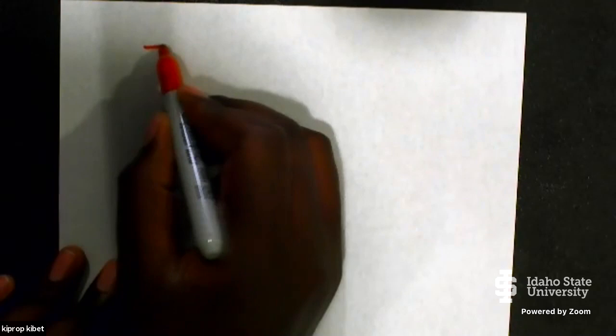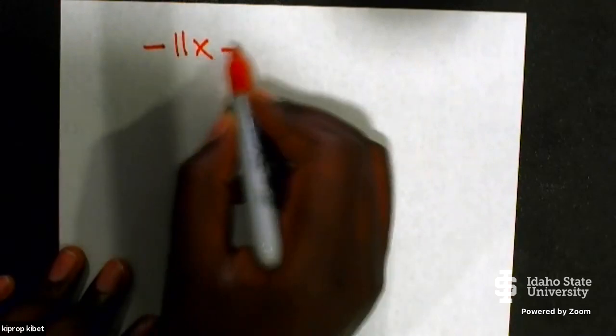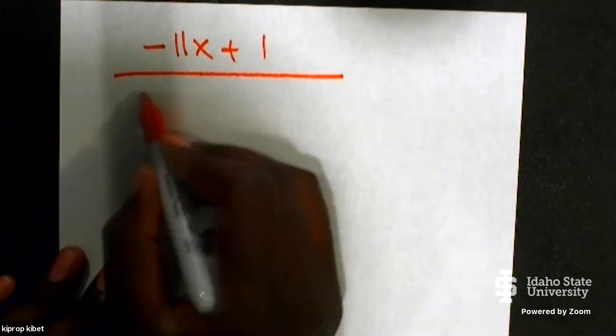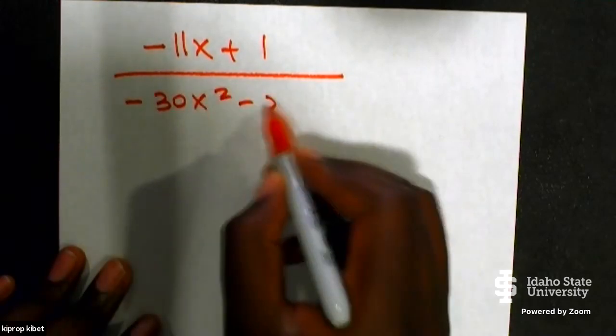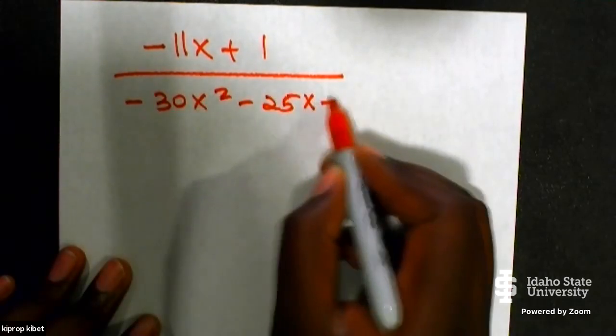So I have another example here. So you have minus 11x plus 1 all over minus 30x squared minus 25x plus 5.